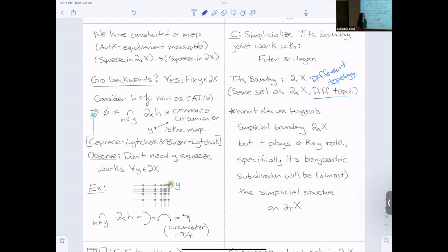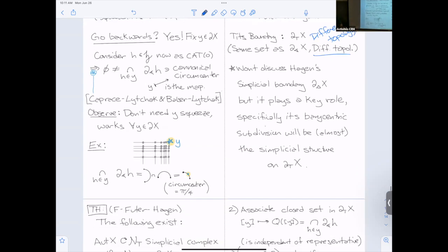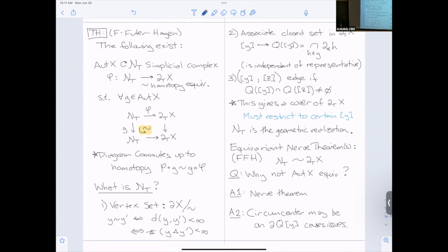It's going to be most closely related to the barycentric subdivision, but it's going to be different. And it will be homotopy equivalent to this. Okay, so the following exists. Again, X is finite dimensional. It's always been finite dimensional.